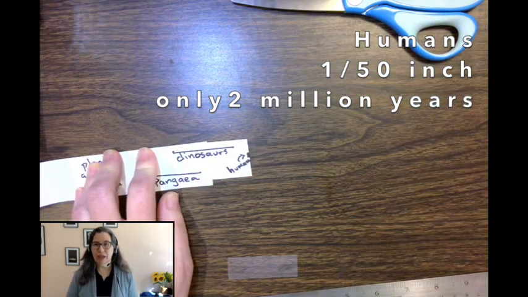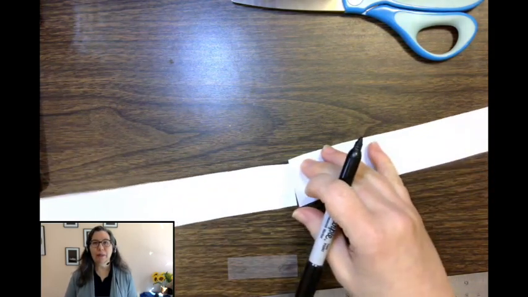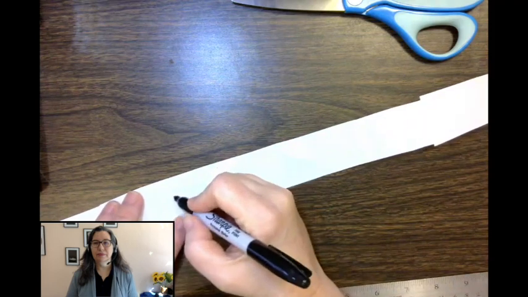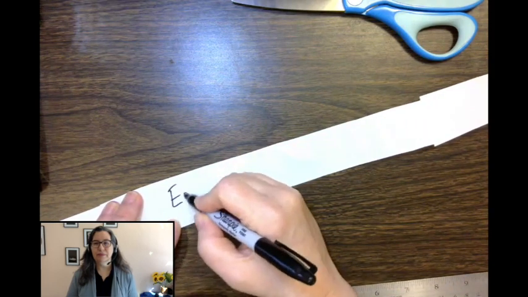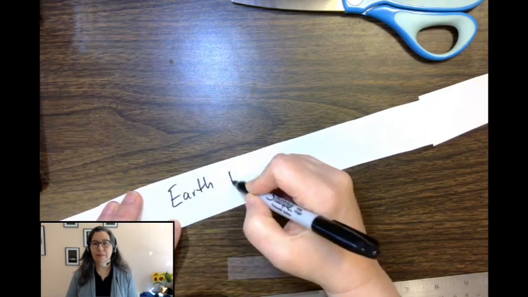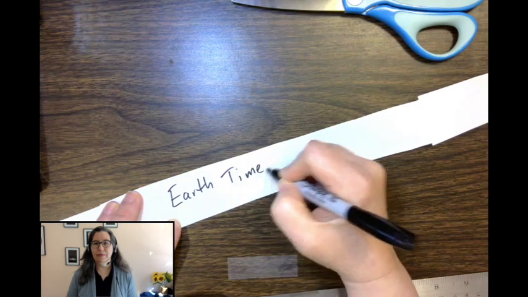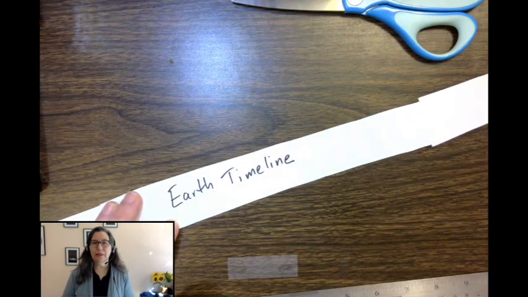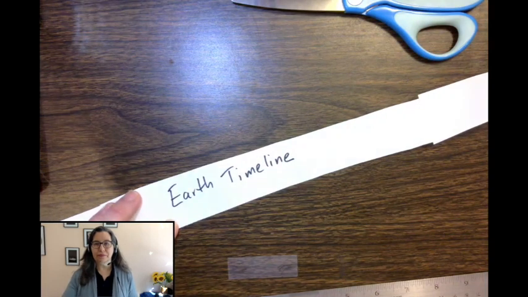Let's add a name to our project. Let's call it the Earth Timeline. There's just one last thing we need to add. We need to add some examples of the things that existed on Earth.